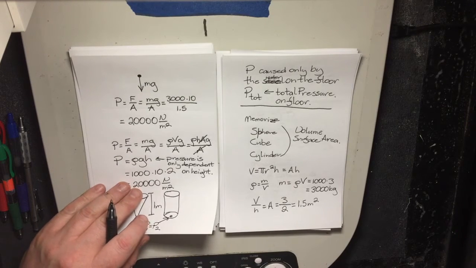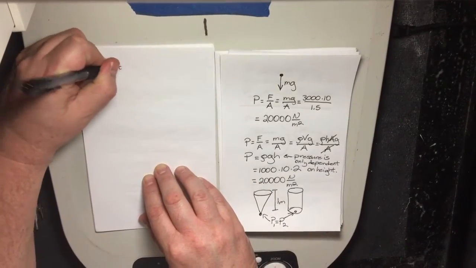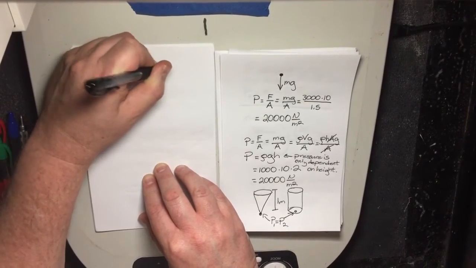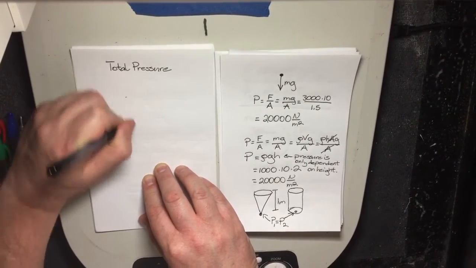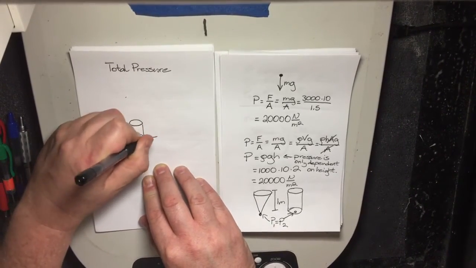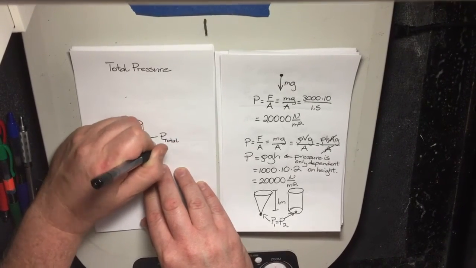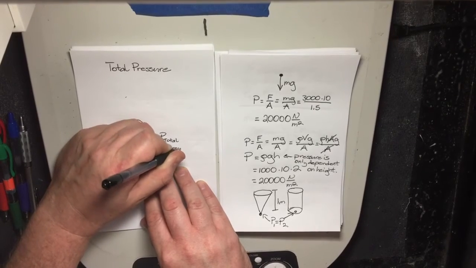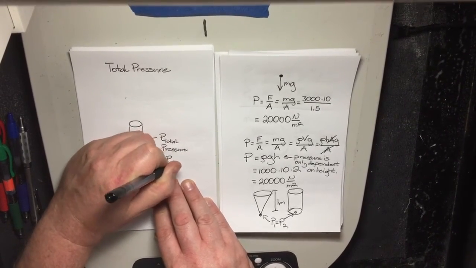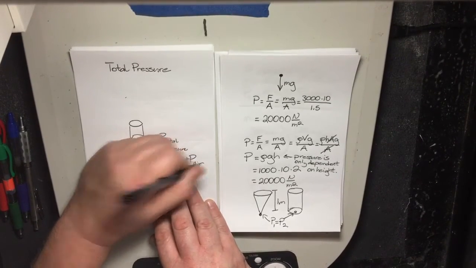Now, the one thing we haven't answered yet is total pressure. In this cylinder, the total pressure is the pressure caused by the water plus the pressure from the air.